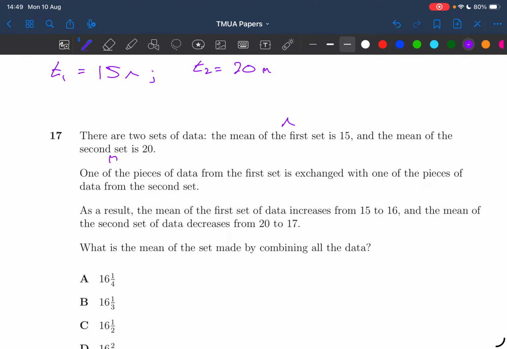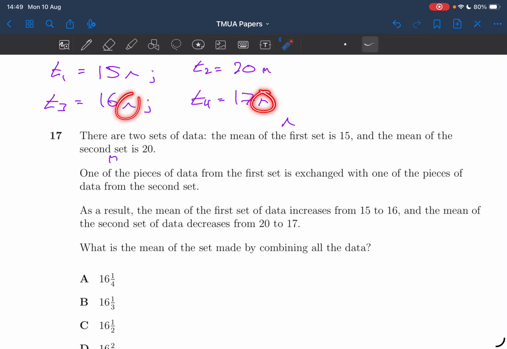But we can do similar things. We're going to have total 3 will now be 16n, and total 4 will be 17m. We still have m's and n's because they've just swapped one piece of data each. So the amount of them that they have is still the same, i.e. n or m.